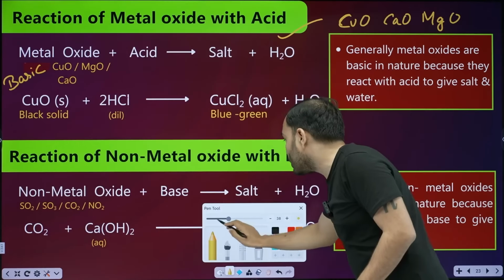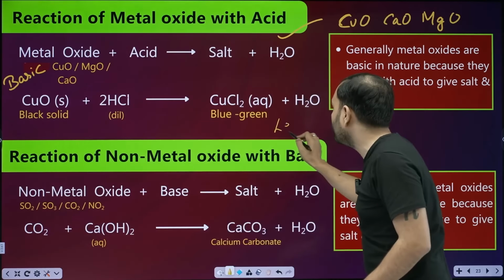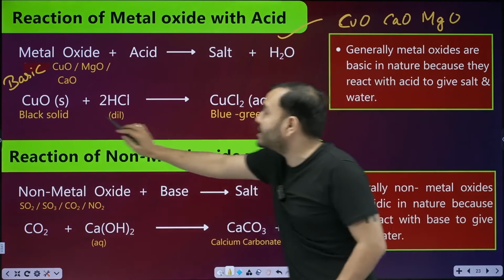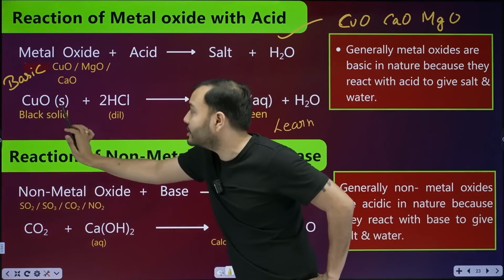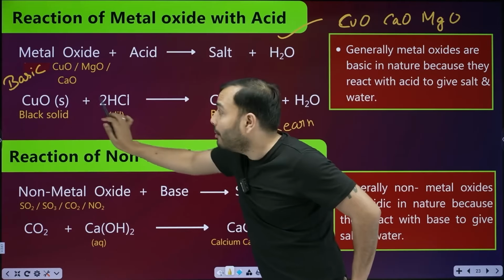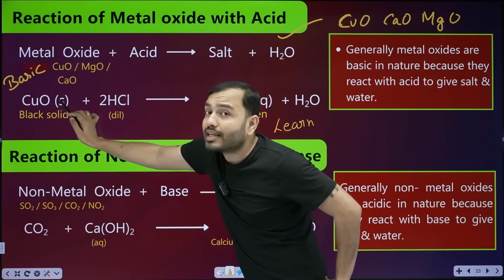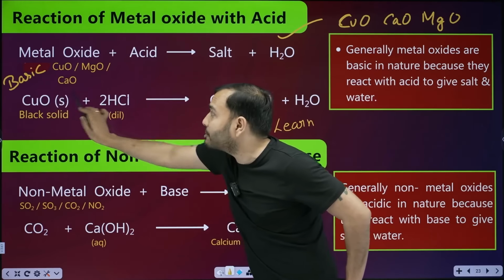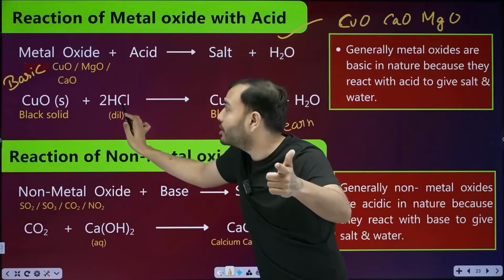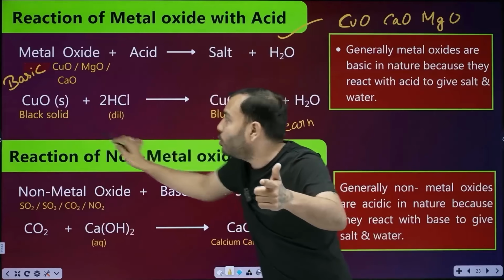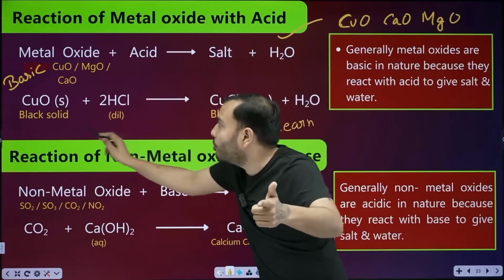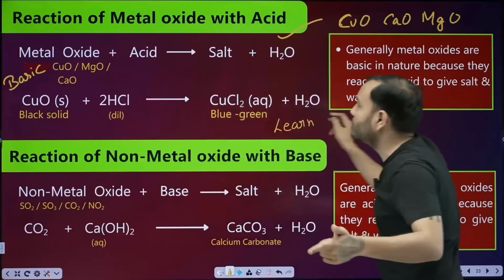One reaction and its colors you must learn because they ask it in the exam. We took a metal oxide, copper oxide, and reacted it with acid. Metal oxide is basic; base plus acid gives salt and water. So water, H2O, forms, and the salt cupric chloride, CuCl2.